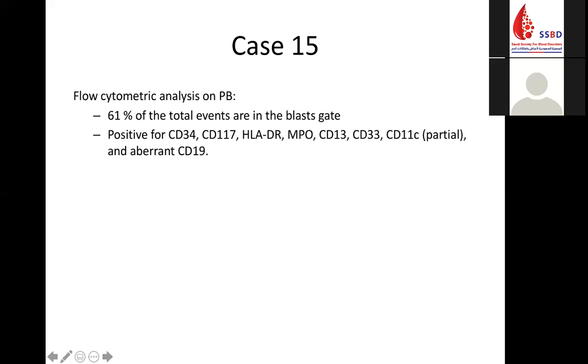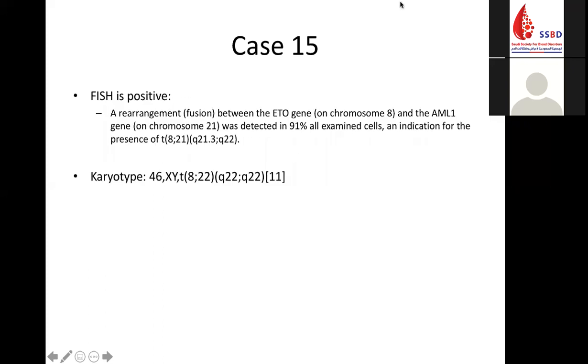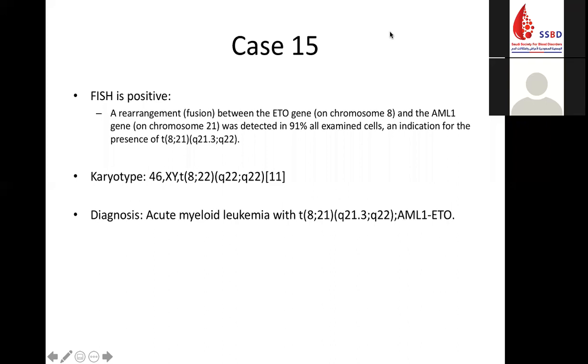Translocation 8;21 is expected, and the FISH came positive, and the karyotype also, and the patient was diagnosed as a case of acute myeloid leukemia with translocation 8;21. It's well known that this type of leukemia will have a co-expression of CD19 and also have the dysplastic and abnormal maturations in the bone marrow and peripheral blood.